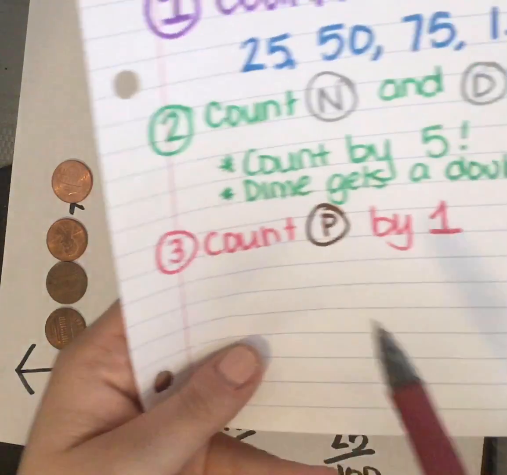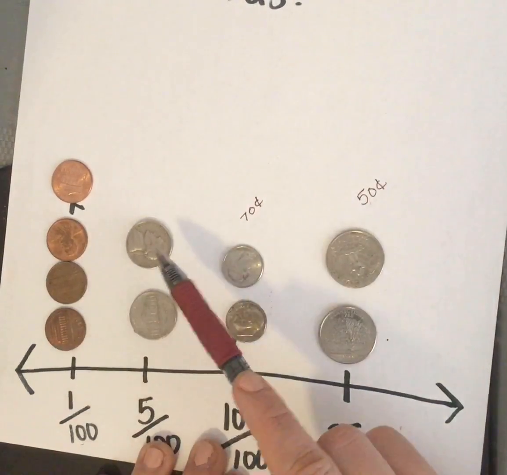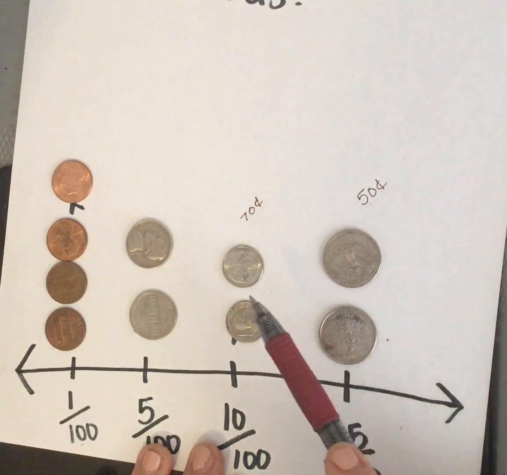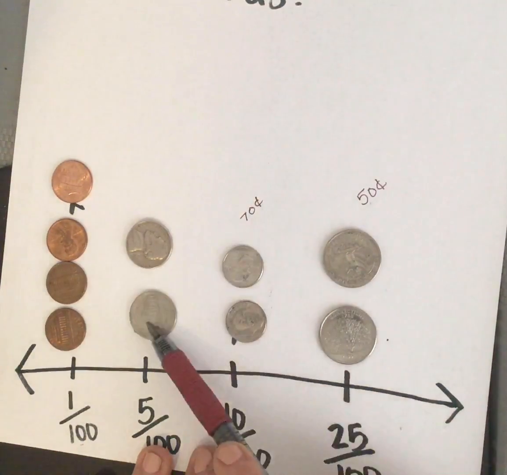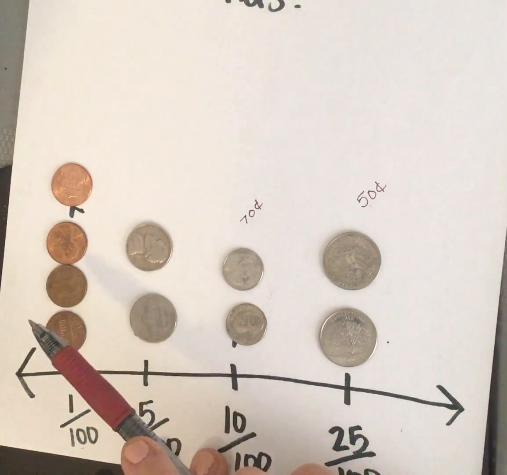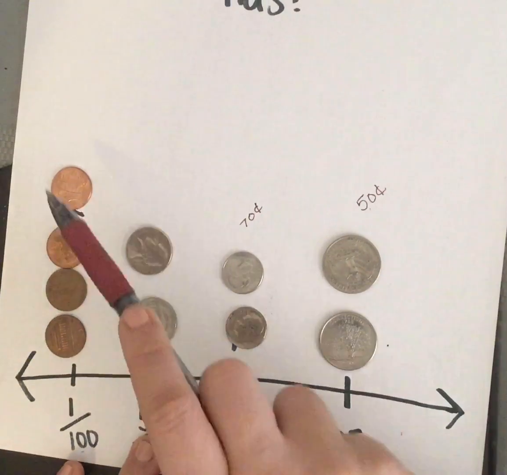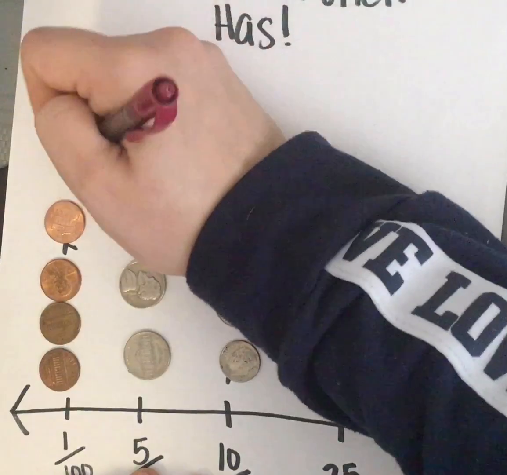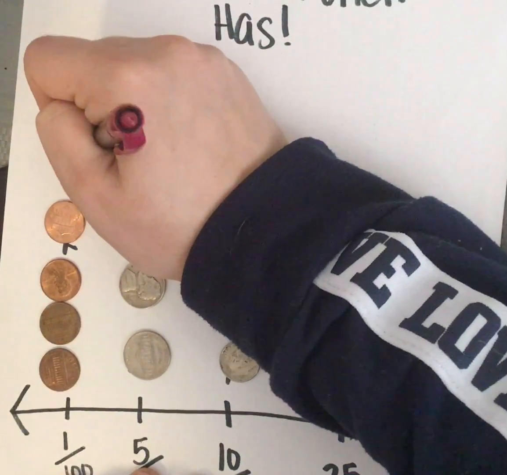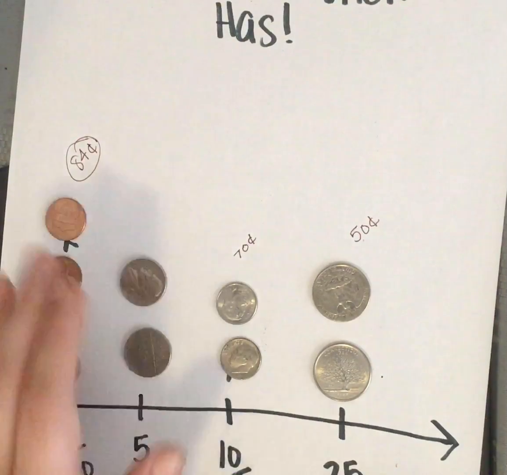Now we just have the pennies left, and we count the pennies by 1. So we went 25, 50, 55, 60, 65, 70, 75, 80, 81, 82, 83, 84. So I can see that all together I have 84 cents. Man, not enough for $1, but that's okay.